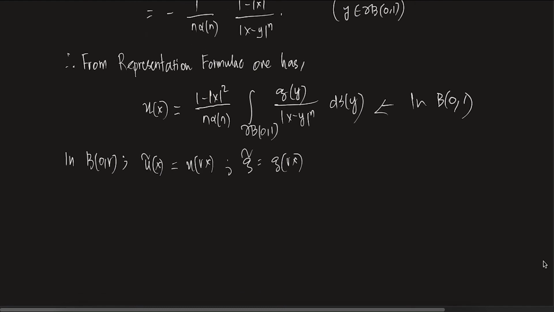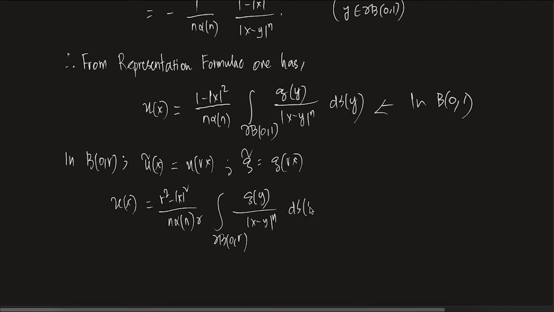Once you do this, you get u of x will look like (r squared minus mod x squared) by n alpha n r, times the integral over del B0R of g of y by |x minus y| to the power n, dS y. There is nothing special.